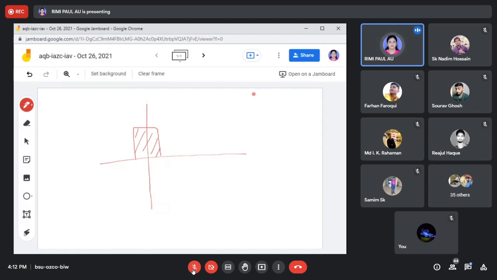The width will decrease. If I increase the length, to keep the area constant, the width will decrease. In this way, if I continuously increase the length, the width will continuously decrease to keep the area constant.